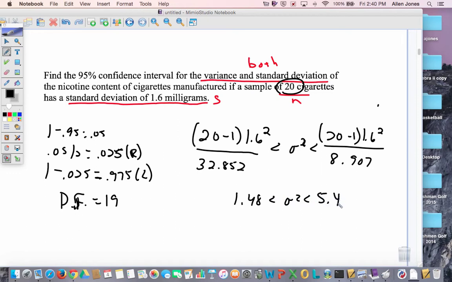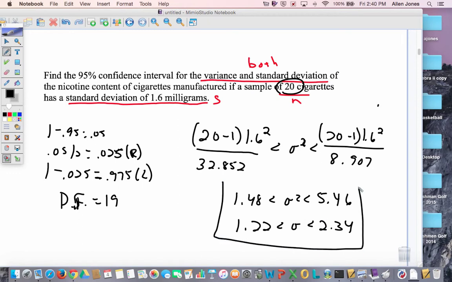If we plug that in, we'll get 1.48 and 5.46 for our variance. If we take the square root of each of those, it will give us 1.22 and 2.34, and that will be our confidence interval for the standard deviation.